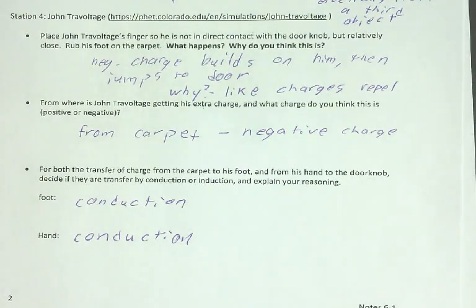That's conduction. Induction, when I bring A near, it causes a polarization in B, and then charge comes from some other place. A does not lose or gain charge. B gets the charge from somewhere else. That's induction.